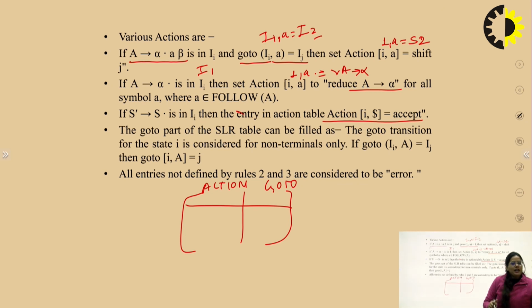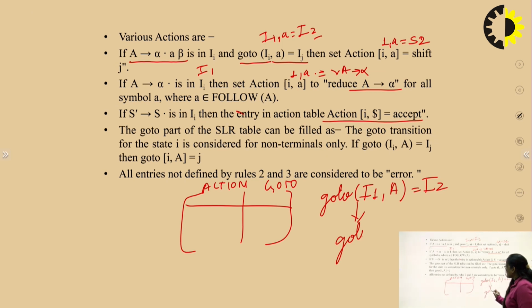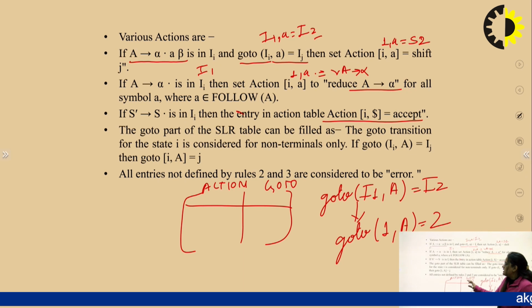If go to I1 comma A is equal to I2, then we set an entry go to 1 comma A is equal to 2. All entries not defined by rules 2 and 3 are considered to be an error.